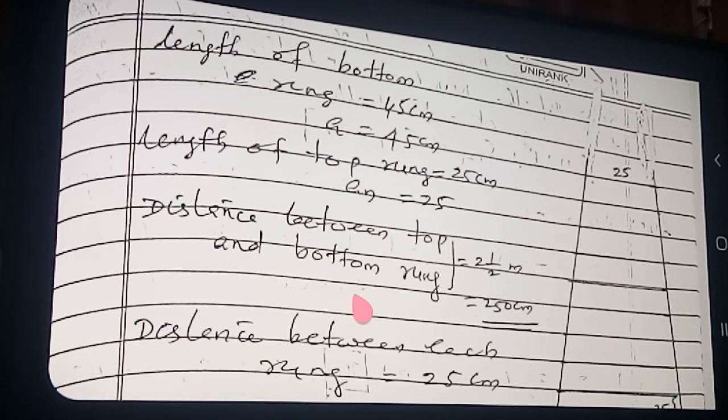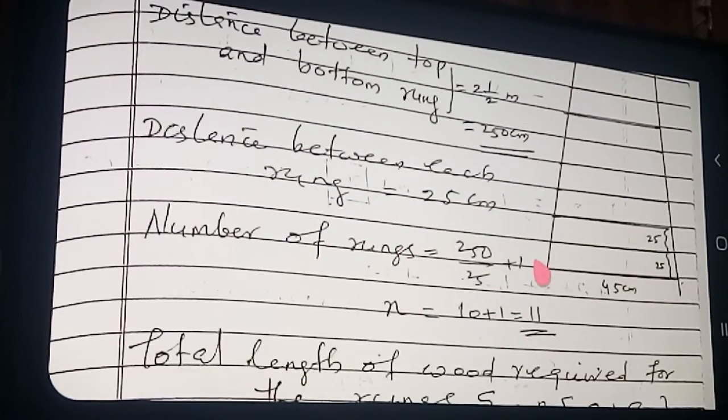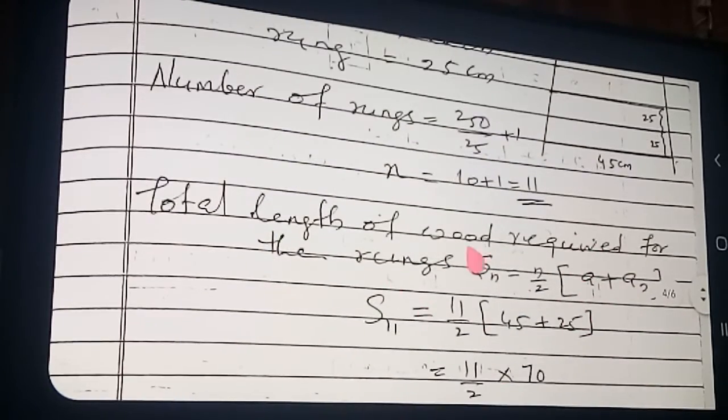This I have already explained. So you found the number of rungs. Therefore, the total length of the wood required for making the ladder is Sn equal to n by 2 into (first term plus last term). This is enough because you do not know the value of d. What is the formula for Sn? Sn is equal to n by 2 into (a plus an).